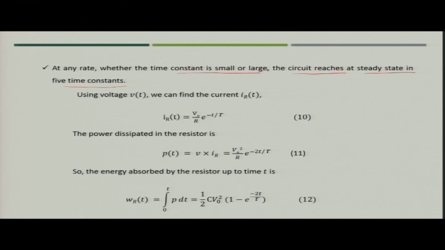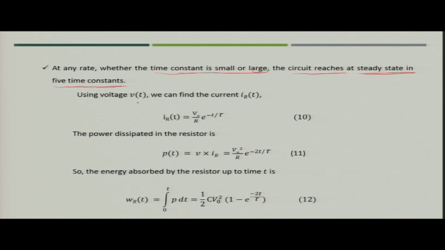So, whether the time constant is small or large will not change this rule; it will always be 5 times the time constant. From a time perspective, when the time constant is large, the system will take more time to reach its steady state value. When the time constant is small, 5 times the time constant is small, and the circuit will reach the steady state value quickly.